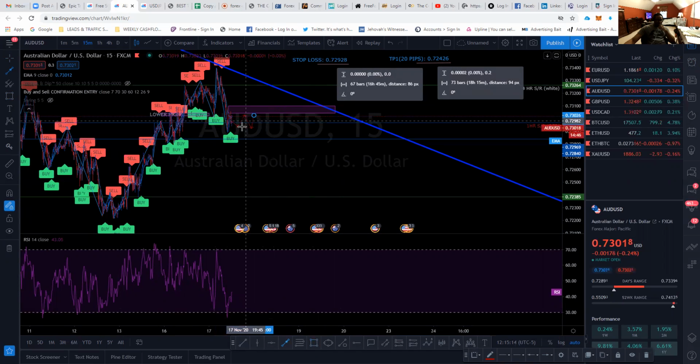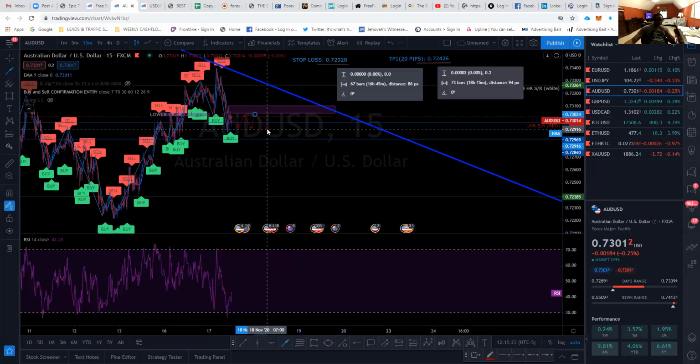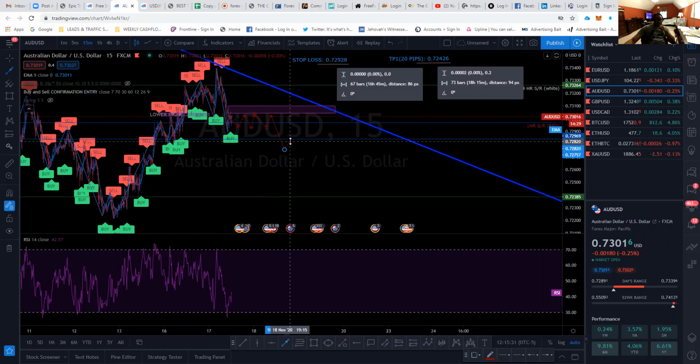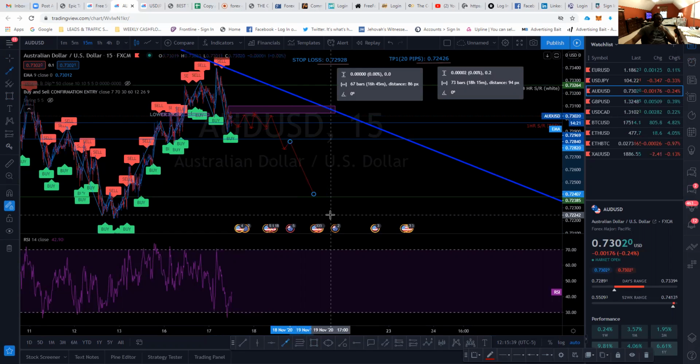See, so hit resistance, at least once, so maybe another 2 or 3 times. So let's just have it go down, go up, and then I'm expecting it to take a drop down. And when it crosses this, I'm looking for a retest, and then have it go down here. And that's where it's going to probably hit the take profit that I drew up.